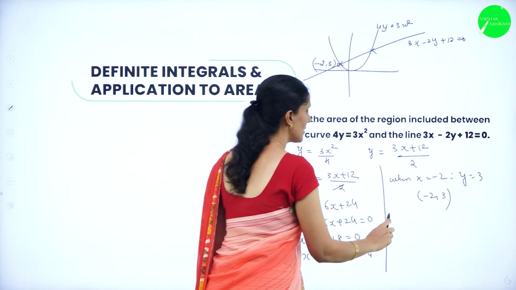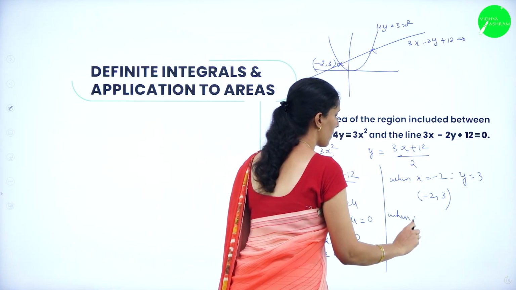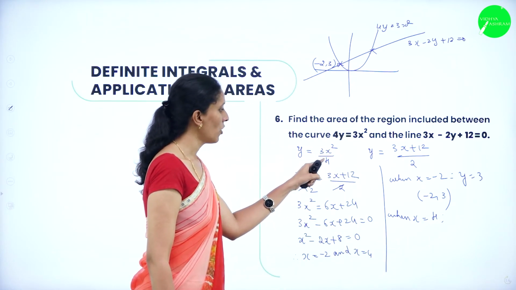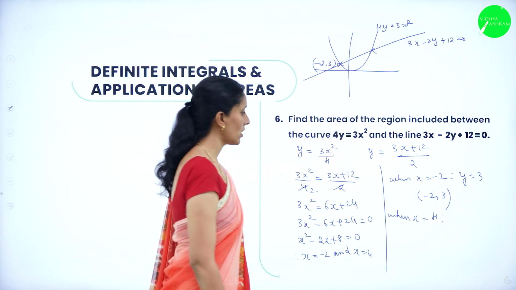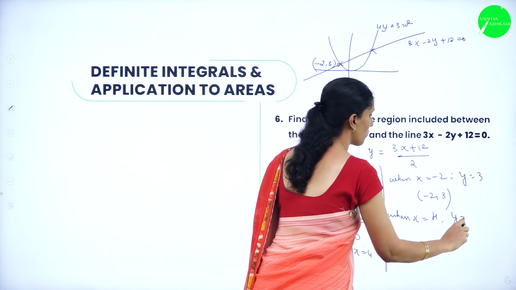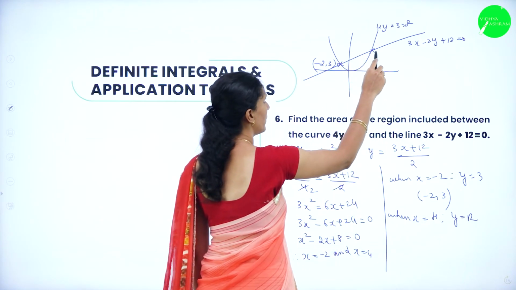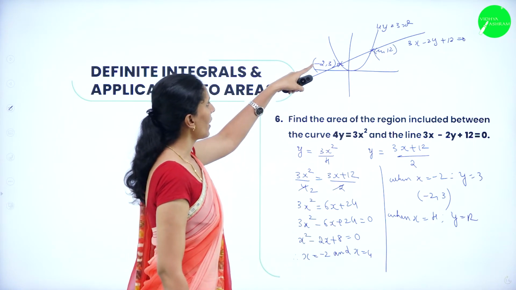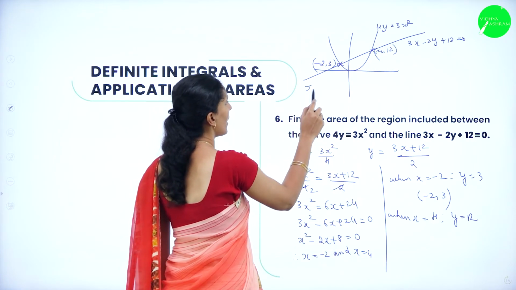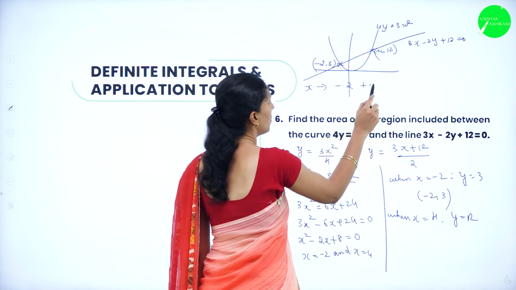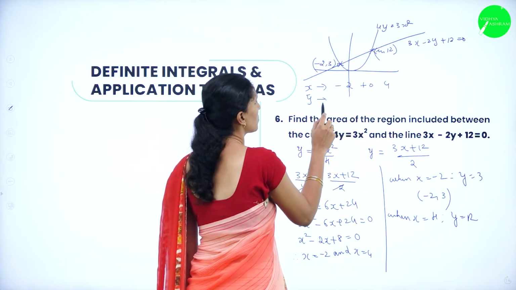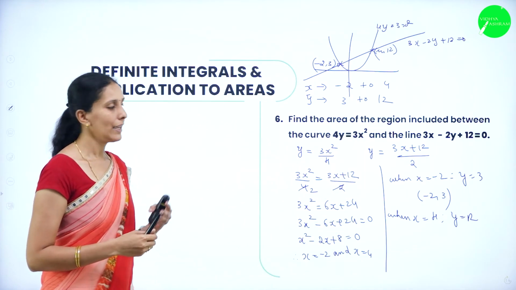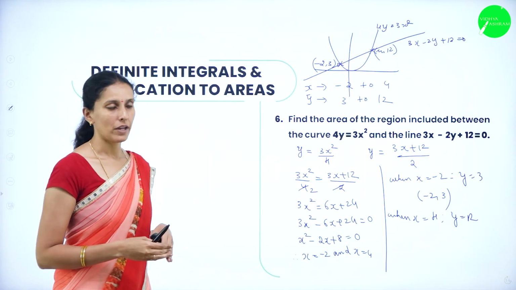Next, when x is equal to 4, here we have 4 square, 4 get cancelled, 3 4s are 12. So y is equal to 12. So the second point of intersection is (4, 12). So x varies from minus 2 to 4 and y varies from 3 to 12. So you can do by taking x as a variable or y as a variable.